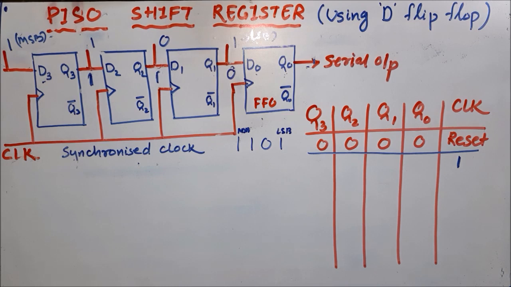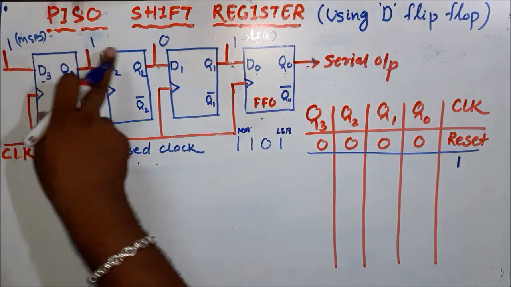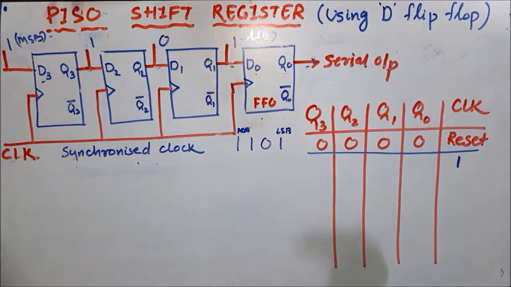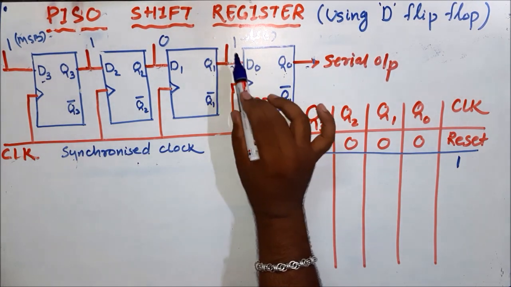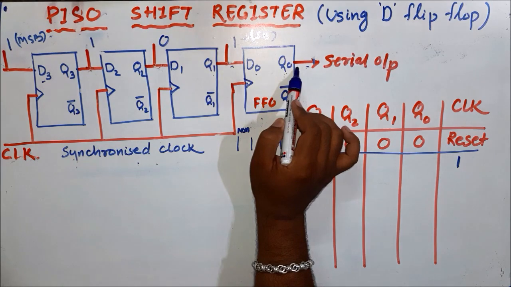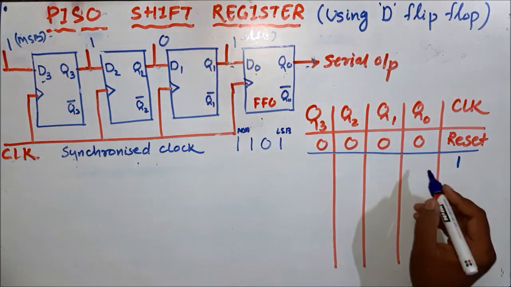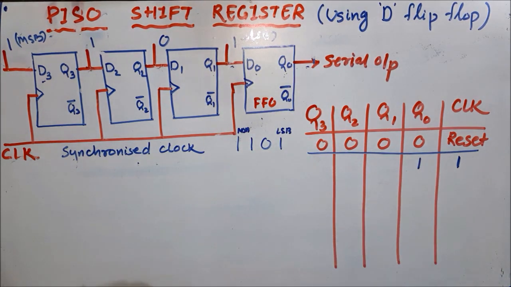We can see the data 1101 is already applied to all the flip-flop inputs. When I apply the first clock pulse, you can see this flip-flop routes this data to Q0, so Q0 becomes 1.